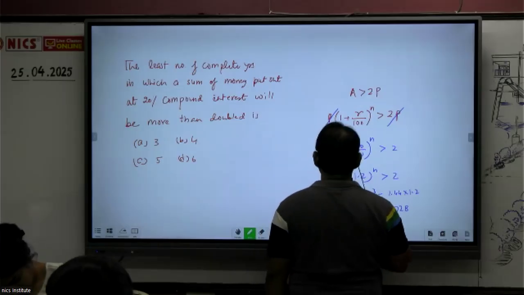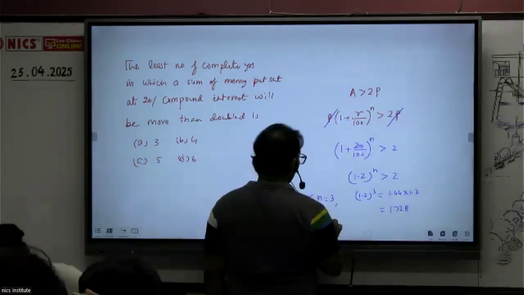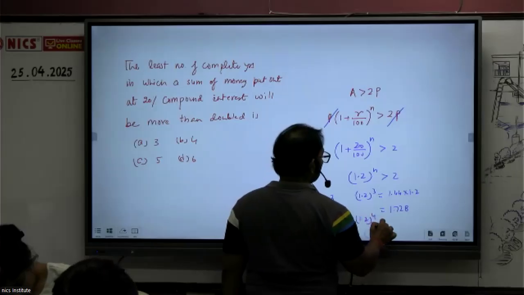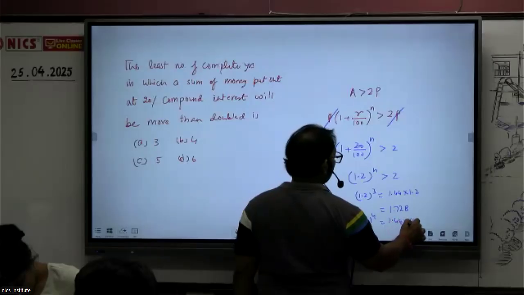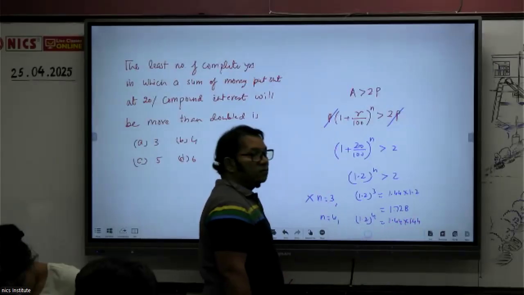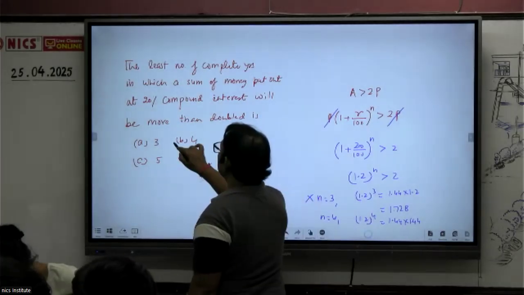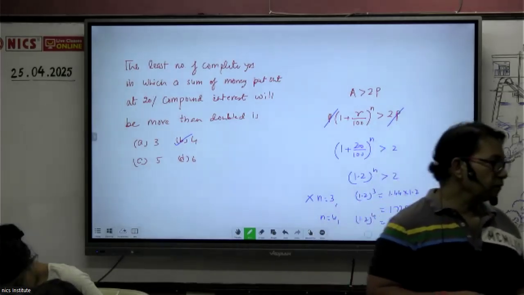No, it won't be 3. Then when n is 4, it will be 1.2 raised to power 4. 1.44 into 1.44. 144 square is about 2.07, yes, it'll be more than 2. So n equals 4. So number of complete years will be 4.